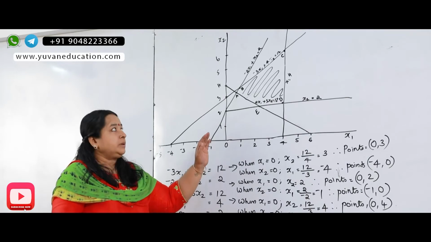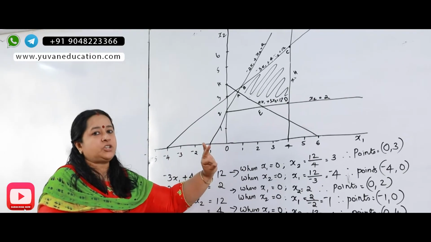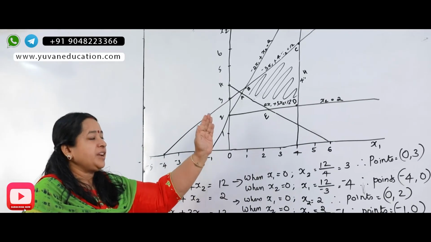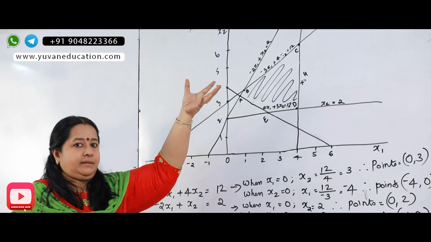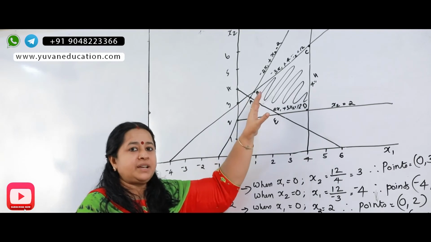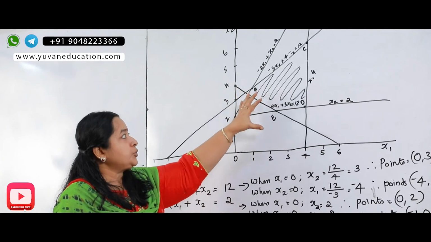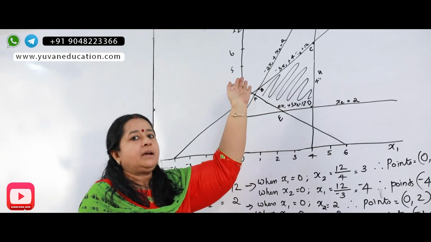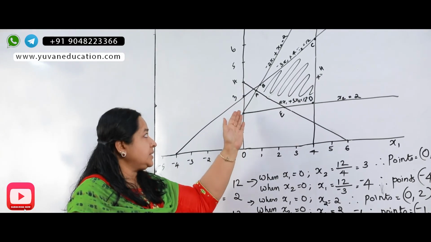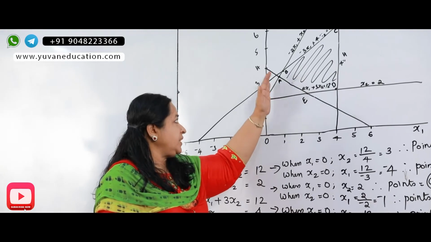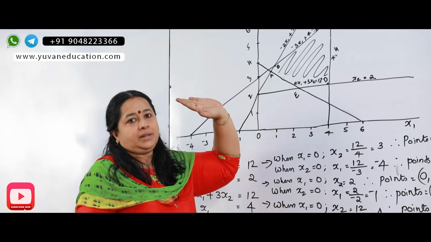Okay. Usually in minimization case, we can find out the feasible region towards that outside side. That is, in minimization case, usually the feasible region outside, not inside. This is somewhat outside, away from this x2 and x1.